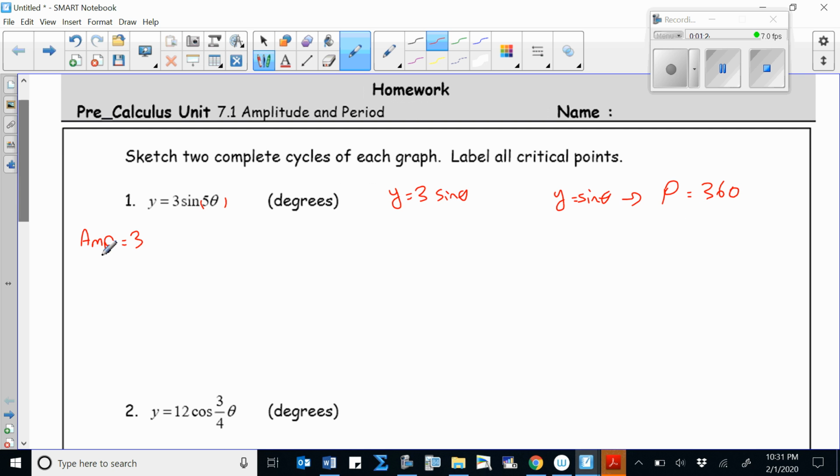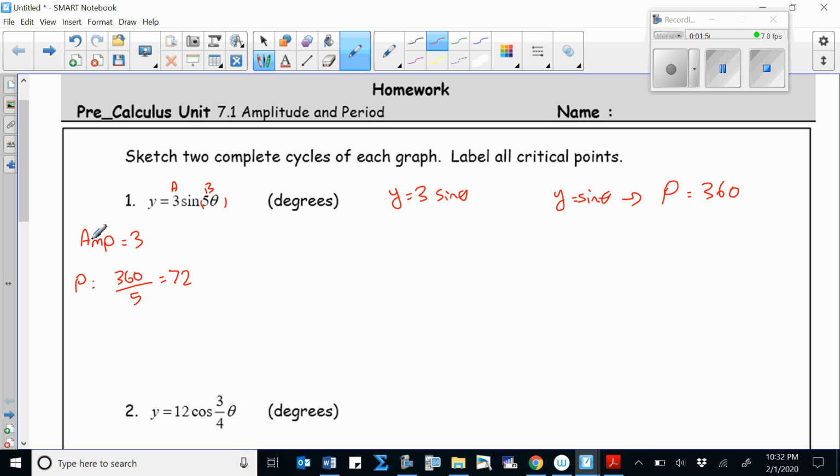So we're going to take the period of the parent function and divide that by this value, by 5. So I'm going to call this A and this one B. So we divide 360 by B, and that will be equal to 72. So 72 is the new period of this function.